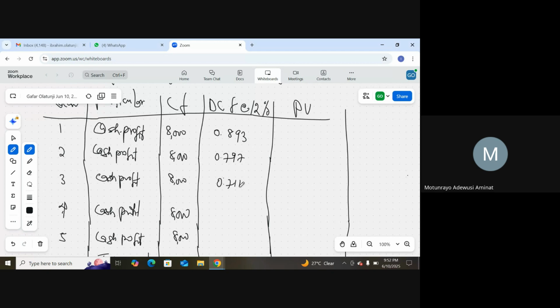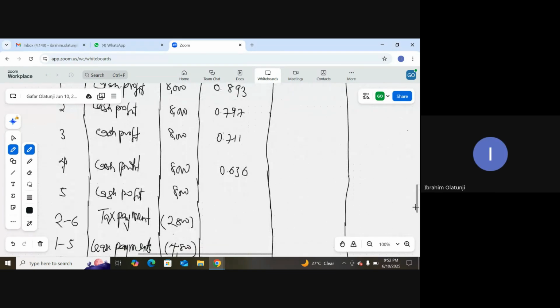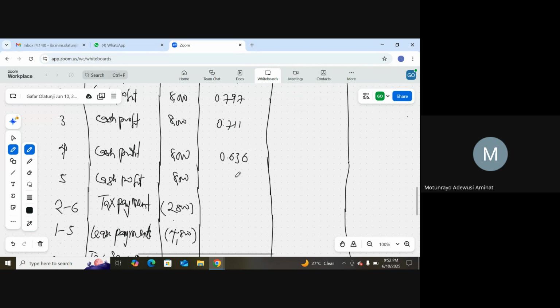Others should confirm, unless the approximation is okay. Year 4: 0.636. Okay, year 5: 0.567. Yes.